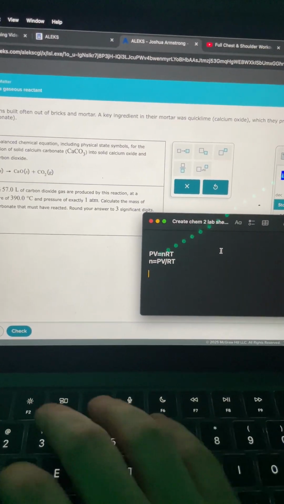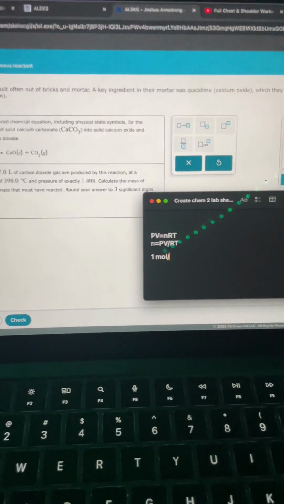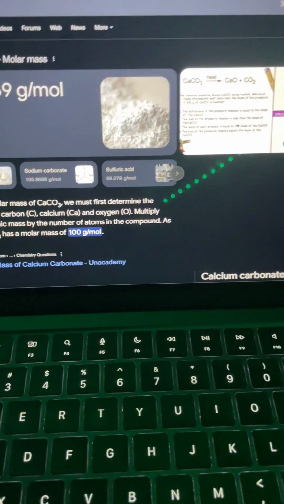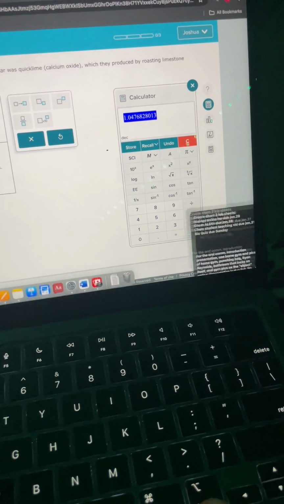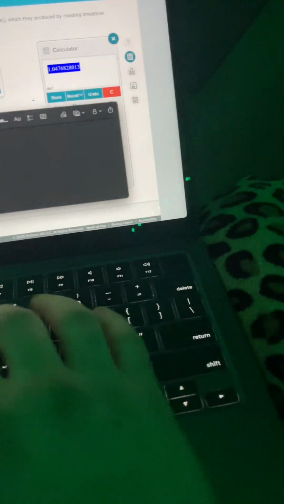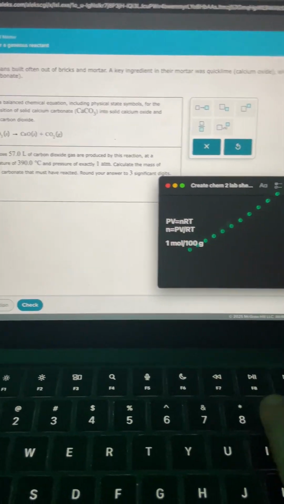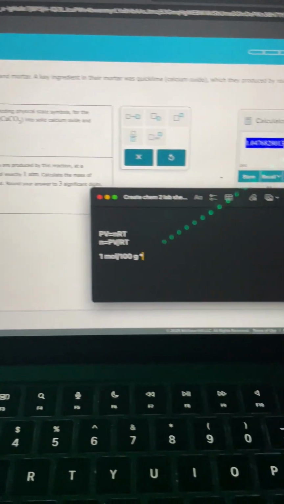So if you really want to illustrate what's actually happening, we can write it like this. 1 mole of calcium carbonate is equal to, let's just say 100 grams. And then you gotta imagine that this is being multiplied by, what do we have? We were given moles.